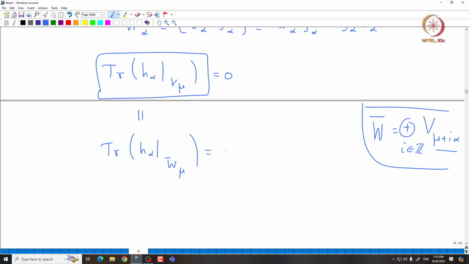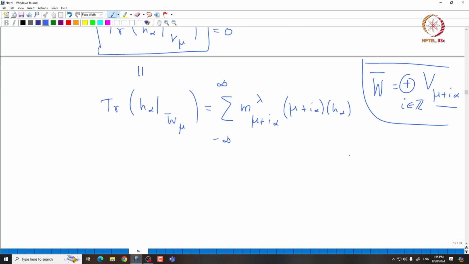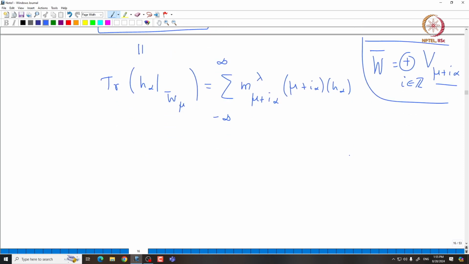Now you have to sum over all of them. So, this is going to be the summation from minus infinity to infinity of the multiplicity of mu plus I alpha in lambda, and then mu plus I alpha applied on h alpha. That is going to be your trace. If you rewrite this, this is exactly equal to the summation from minus infinity to infinity of the multiplicity of mu plus I alpha in lambda times mu of h alpha plus 2I, and this is exactly 0.